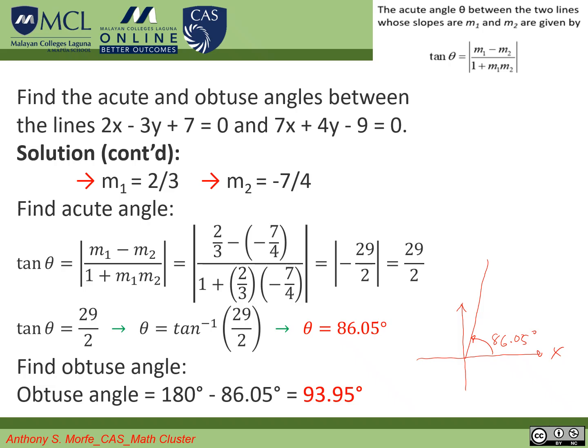Of course, that is part of the solution. So for the obtuse angle, it is simply 180 degrees minus what we calculated, 86.05. So this is 93.95. It means that this is the equivalent of that 86. So this is the obtuse angle.